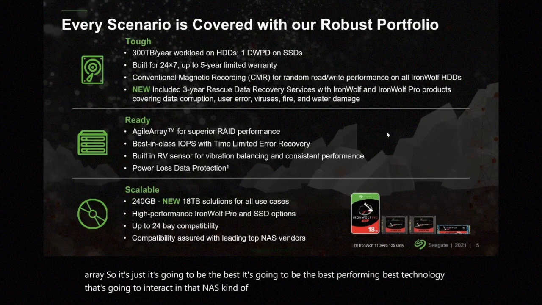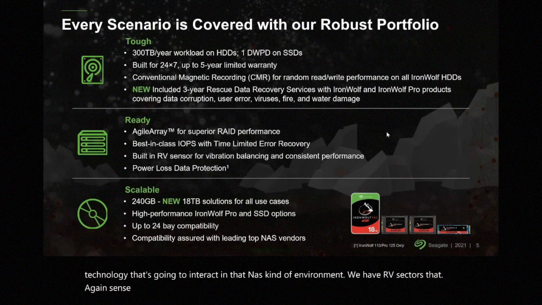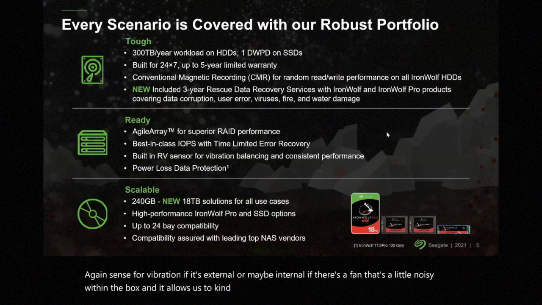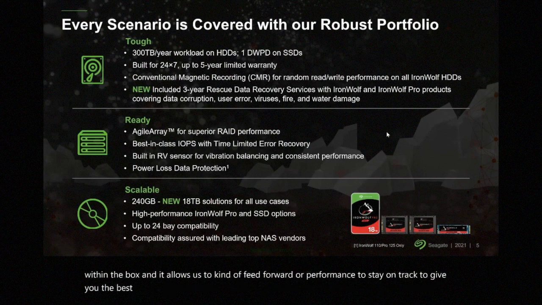We have RV sensors that again sense for vibration, if it's external or maybe internal, if there's a fan that's a little noisy within the box. It allows us to feed forward our performance to stay on track to give you the best performance in any kind of environment. And then we scale up to 18 terabyte. The 240 gigabyte entry level capacity is going to be on the SSD.